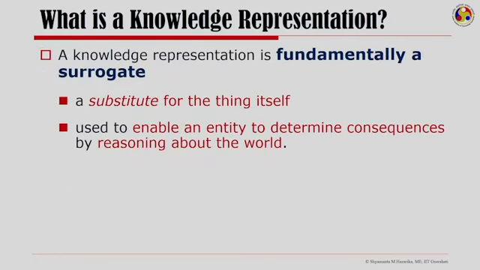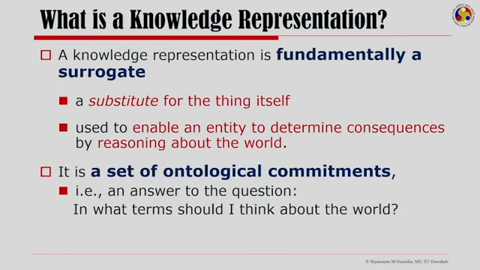So let us look at what we mean by knowledge representation as a surrogate. When we say knowledge representation is a surrogate, we mean it is a substitute for the thing itself. It is used to enable an entity to determine consequences by reasoning about the world. Next, it is a set of ontological commitments.